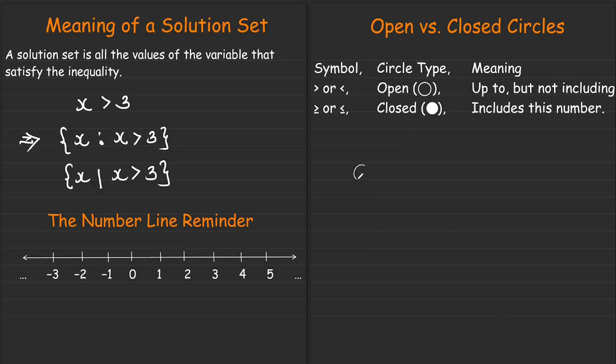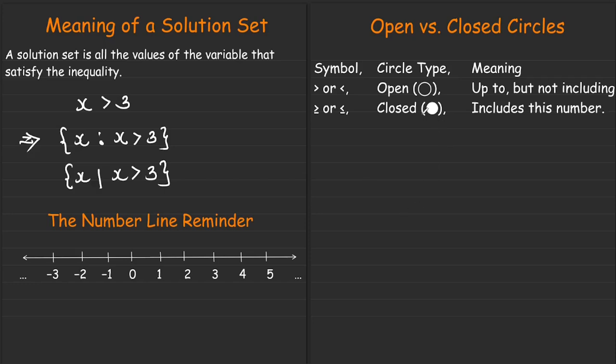Don't bother about its perfection. If the circle is open, then it represents either greater than or less than. It simply means you are talking of up to, but not including.